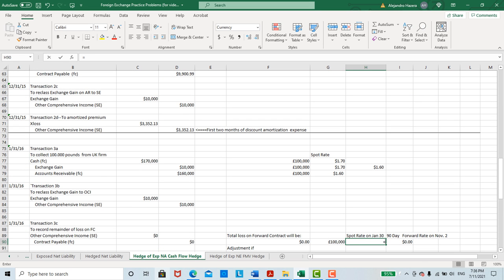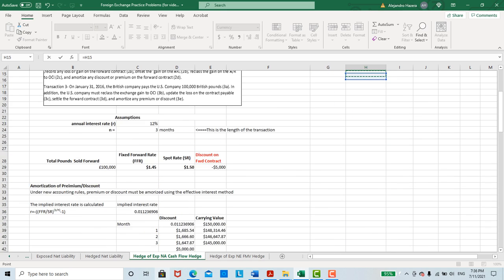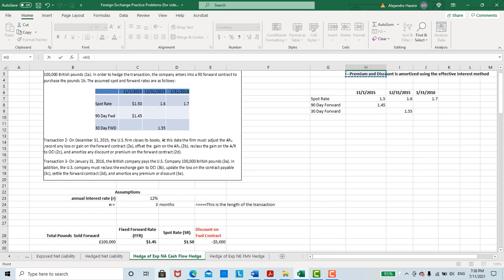Well, we will use the 9-day forward rate. Spot rate on January 30th is $1.70. We just use that. There it is right there.